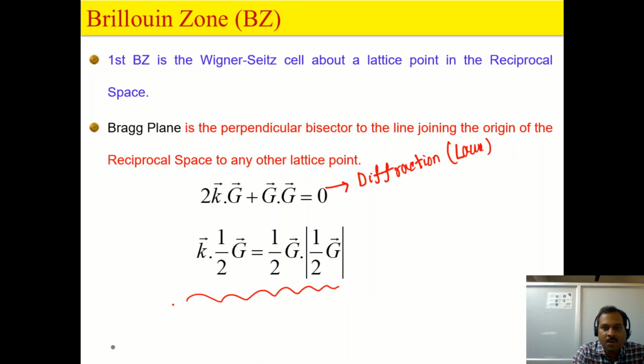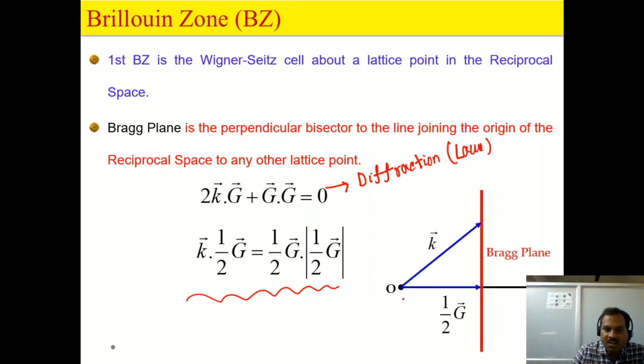Now let me show it pictorially. If one of the lattice points in the reciprocal space is at the origin and this is the other lattice point, then this vector will be G. G is the reciprocal space lattice vector, and this will be half G, because this red plane, which appears as a line here, is the perpendicular bisector between this origin and the other lattice point.